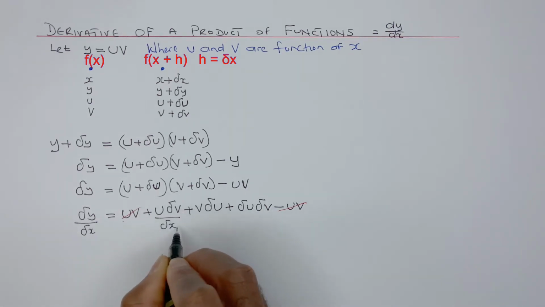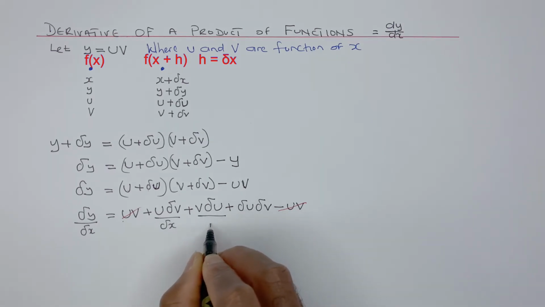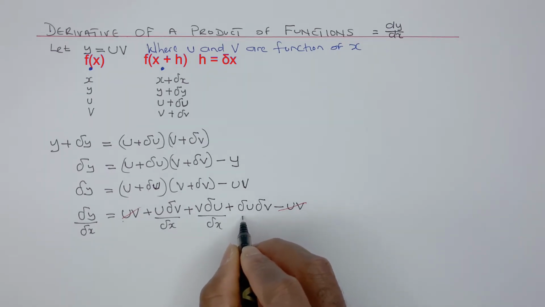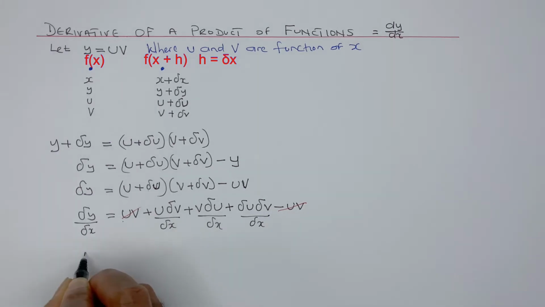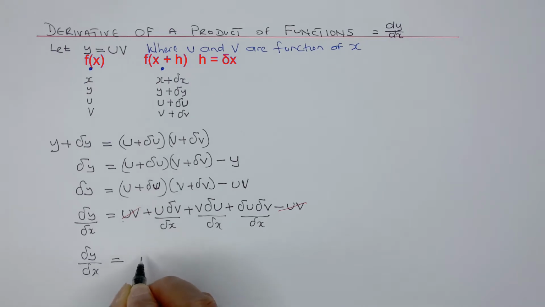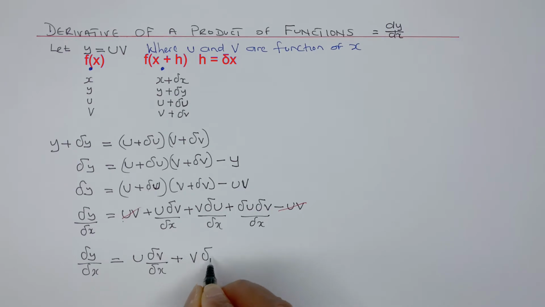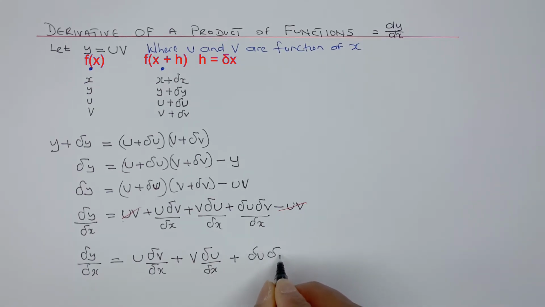Delta y over delta x equals u delta v over delta x plus v delta u over delta x plus delta u delta v over delta x.